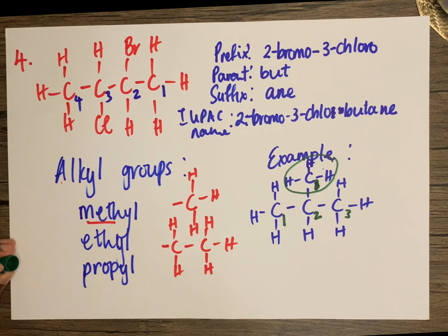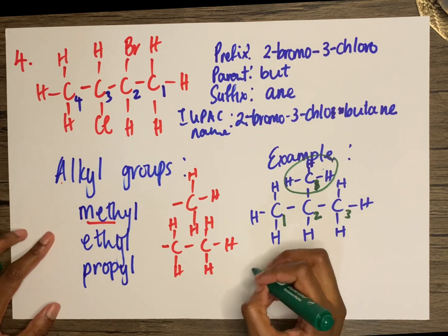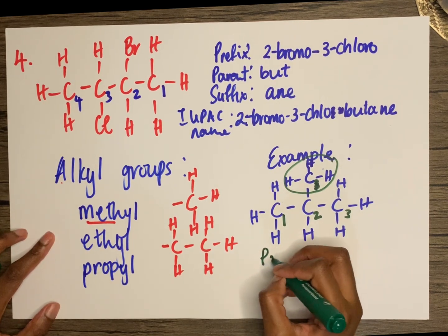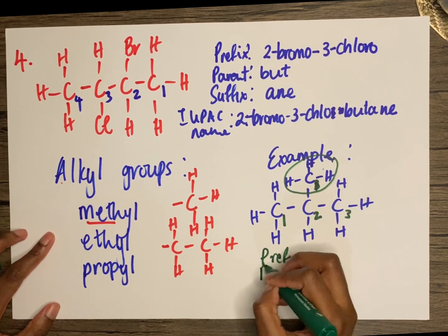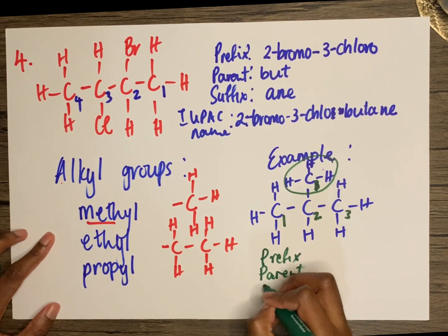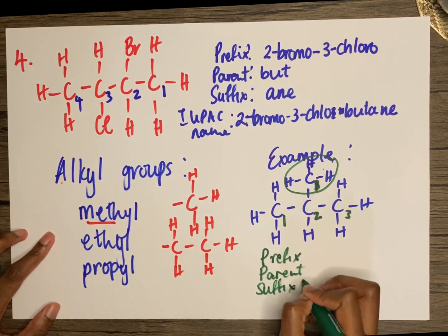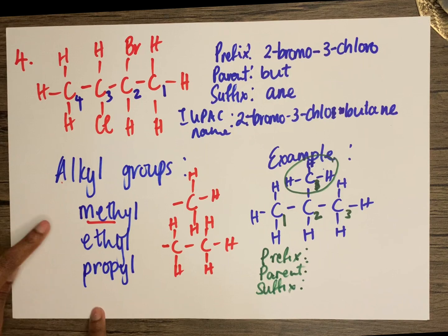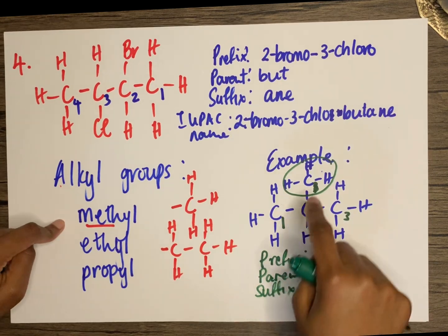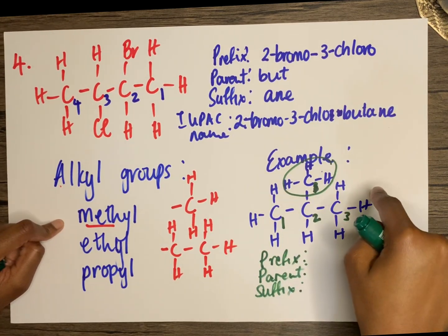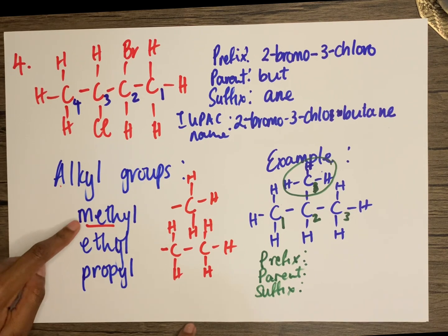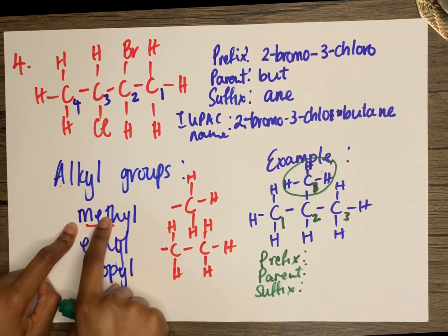I have to check how many carbons are there in this side chain. This side chain, if it has, like in this instance, 1 carbon, then it means I call it a methyl.